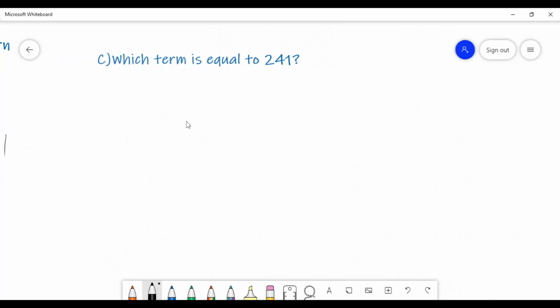So I already know that the general term for this sequence is Tn, which is equal to 4n squared minus 2n plus 1.